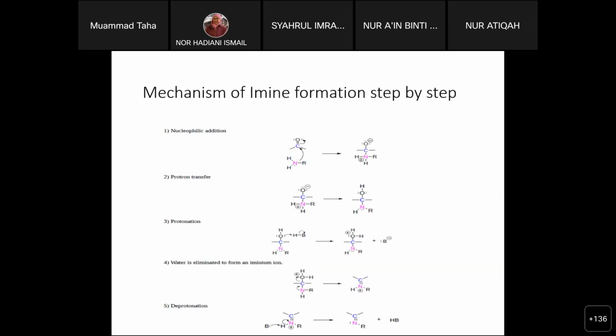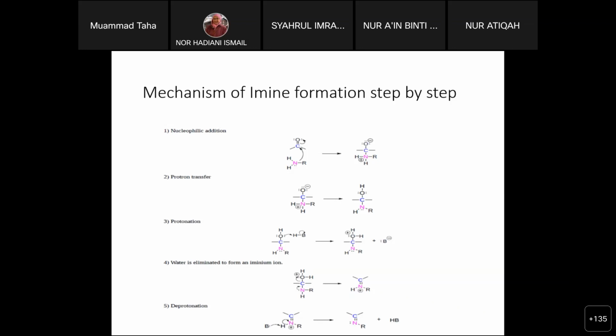The lone pair of nitrogen attacks the carbonyl group, the carbon-oxygen double bond breaks, and the oxygen becomes negatively charged and nitrogen becomes positively charged. In the second step, a proton shift takes place because nitrogen is positively charged and there is a highly electronegative, negatively charged oxygen. So the proton transfers and this compound becomes neutral. A neutral compound is more stable as compared to a polar molecule.